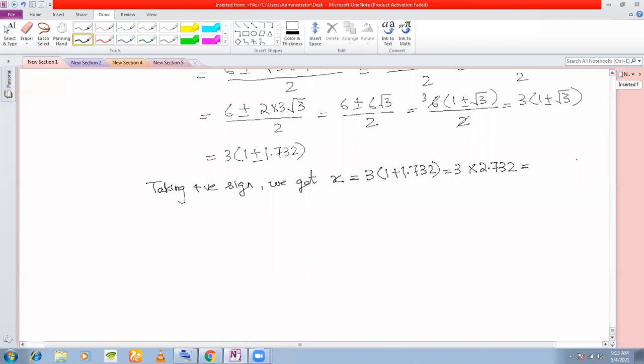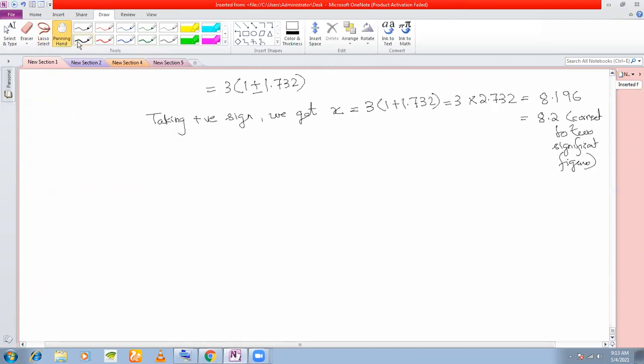Okay, so this is 6, 9, 8.196 is one root. And since you have to express this into two significant figures, this is equal to 8.2, correct to two significant figures.